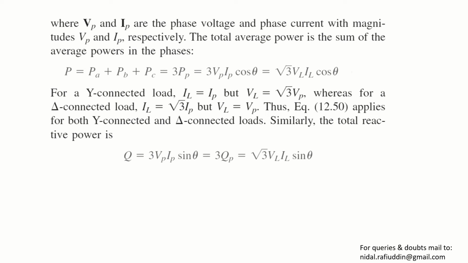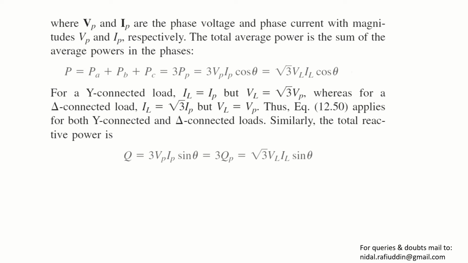Now we saw that in a star connected system, Vp is equal to VL by root 3, or alternately, VL equals root 3 Vp.